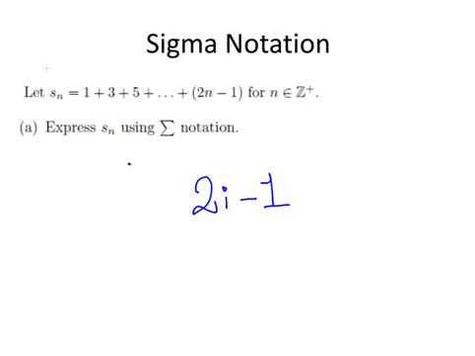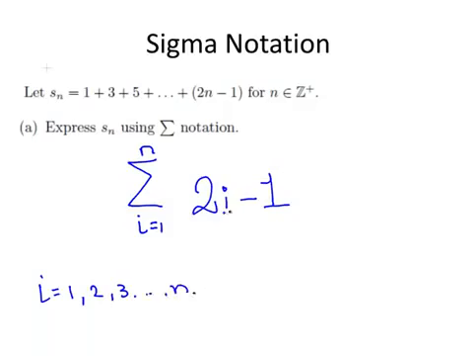Now we're using sigma notation, and down here i is equal to 1, and it sums all the way up to n. So essentially, i equals 1 to n means i is equal to 1, 2, 3, all the way up to n.